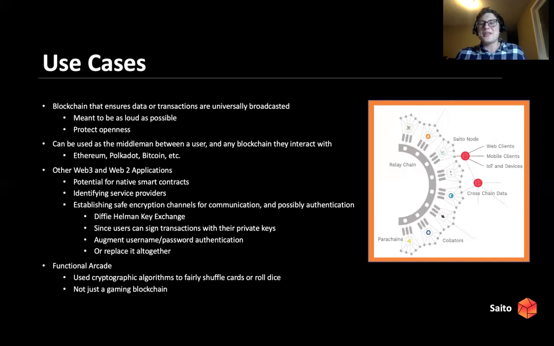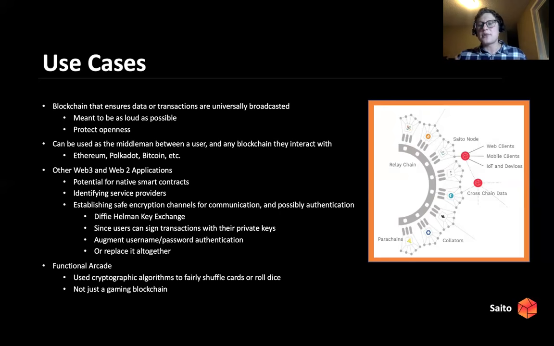And one other thing that I think is really cool is that not only does it help you establish encryption itself, I can definitely see it act as something that can help us with authentication too. So now, because users would have their own private keys and their own public addresses within the Saito blockchain, they might not even have to provide a username and a password themselves.